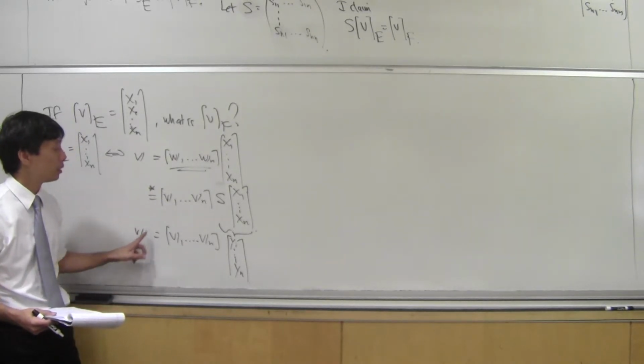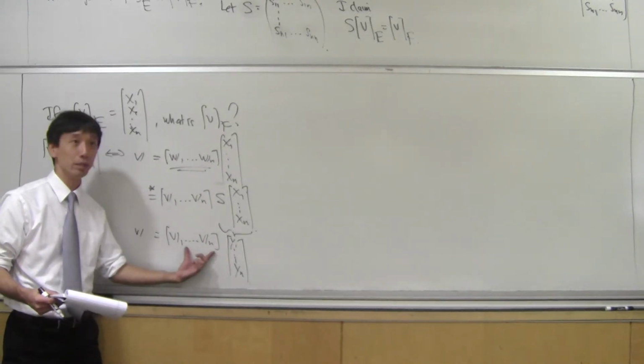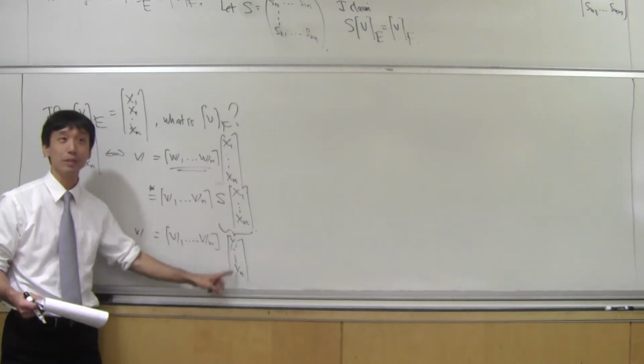V is expressed as a linear combination of the Vi's with these coefficients.